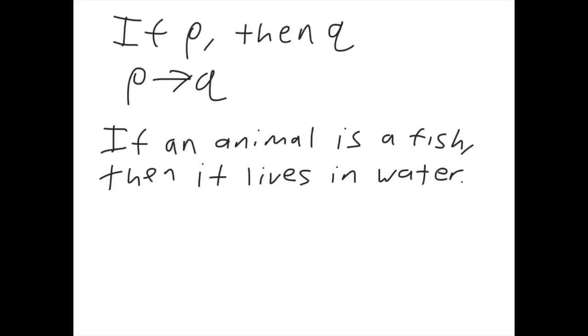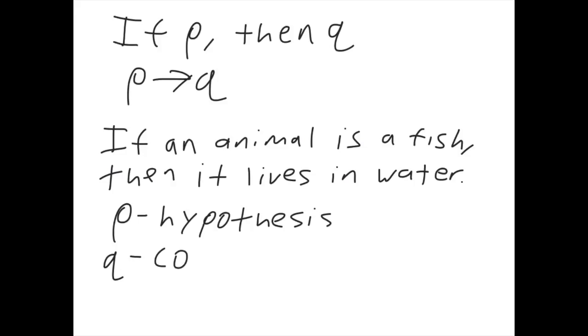So there's two parts of this conditional statement. First is the P part, the if P. And that is the hypothesis. So if an animal is a fish, so if it is a fish, then we can conclude with the Q that it lives in water.